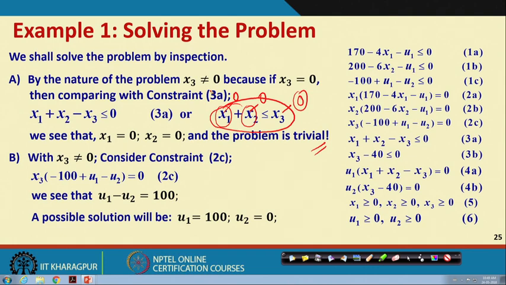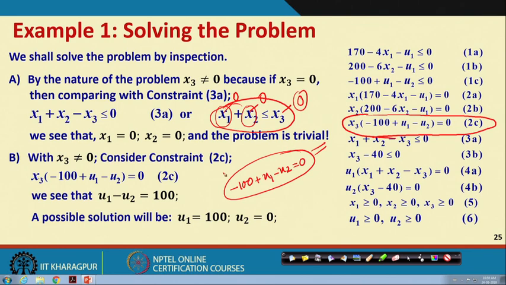All right. Now that we know x3 is not equal to 0, look at this third constraint, constraint 2c. If x3 is not equal to 0, that means this term should be 0. That means minus 100 plus u1 minus u2 should be equal to 0, right. That will give u1 minus u2 equal to 100. So u1 minus u2 should be equal to 100.